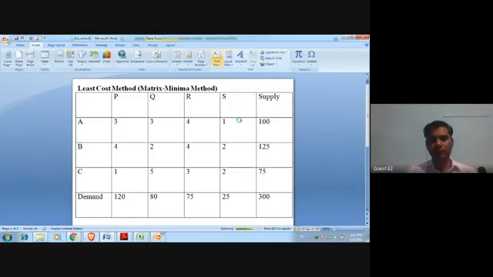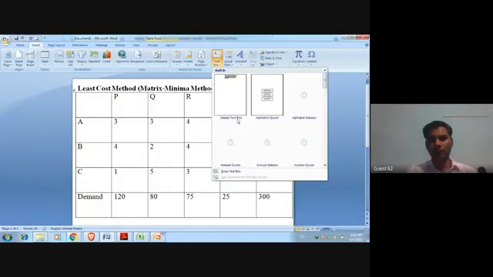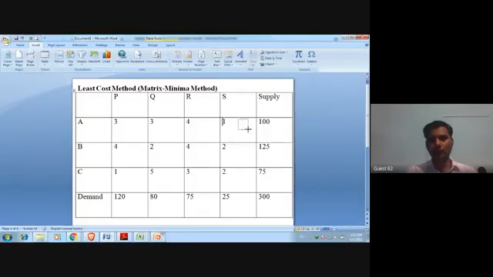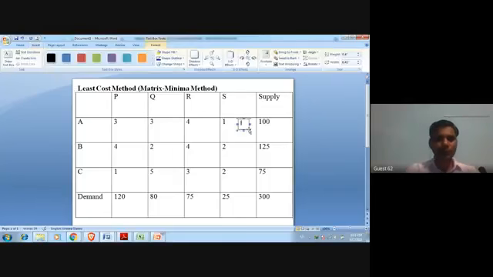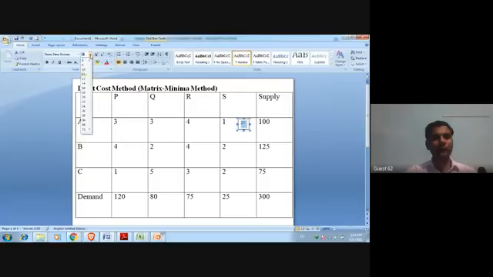Let us see, is it applicable or not. Draw a text box. Okay, this 25. I have allocated 25 to warehouse S by the factory A. I have allocated 25 units to the warehouse S.